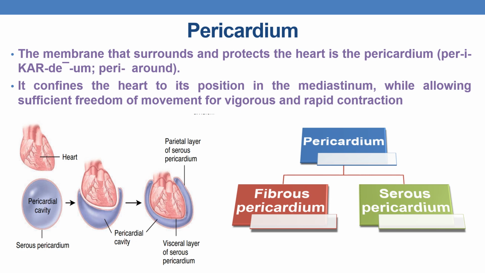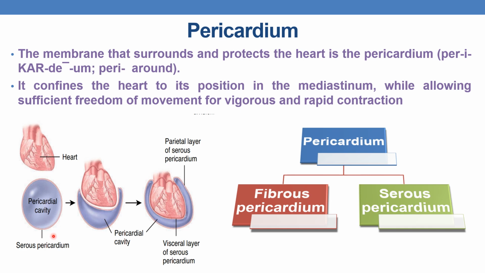It is mainly composed of two layers, fibrous pericardium and serous pericardium. The pericardium confines the heart to its position in the mediastinum while allowing sufficient freedom of movement for rigorous and rapid contractions.